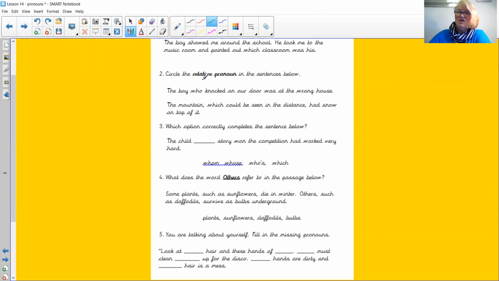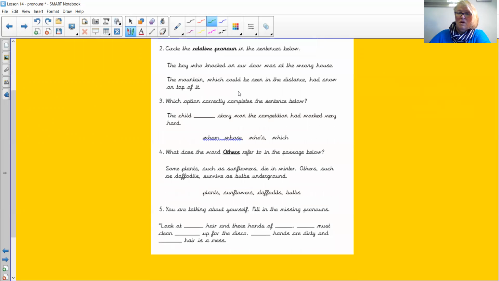Number 2 is circle the relative pronoun. Number 3 is which option of those 4 would be the correct one to put in there. Again, write the whole sentence out and underline which one you've chosen.